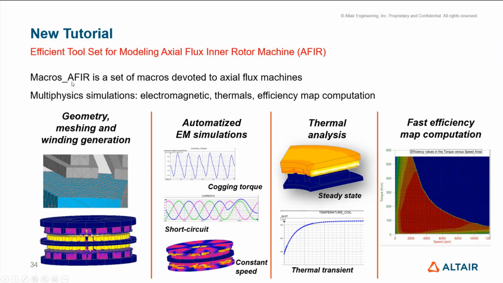This one is specifically designed for axial flux motor analysis. In this set of macros, the user can easily generate the geometry, the mesh, and the winding for this machine, and then easily define the EM simulation and also the thermal analysis, and run the efficiency map computation here. So you can refer to this new tutorial for the use of this macro set.